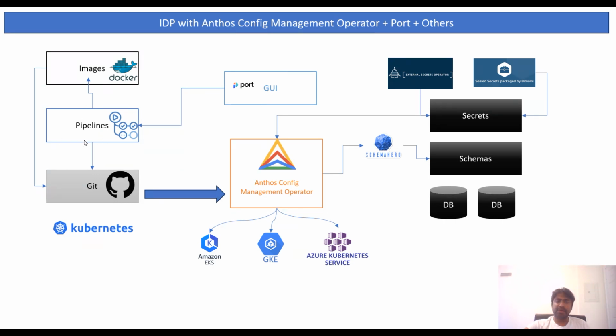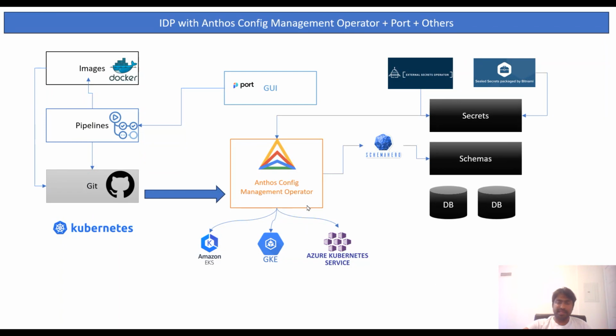One pipeline got triggered. Then the pipeline pushed the required manifest files into the repo, and that repo is constantly monitored by our config management operator, and the change which was pushed will be pulled by the config management operator and pushed to our cluster.